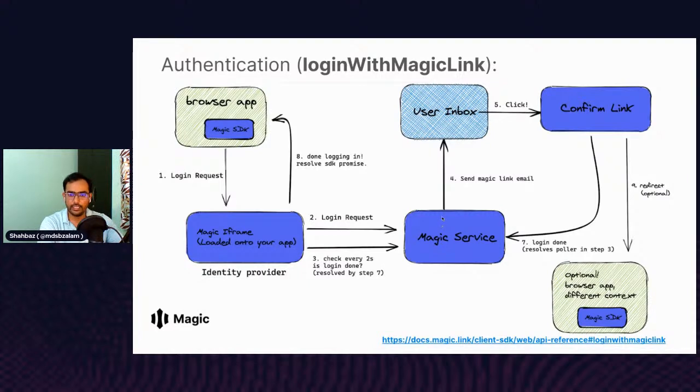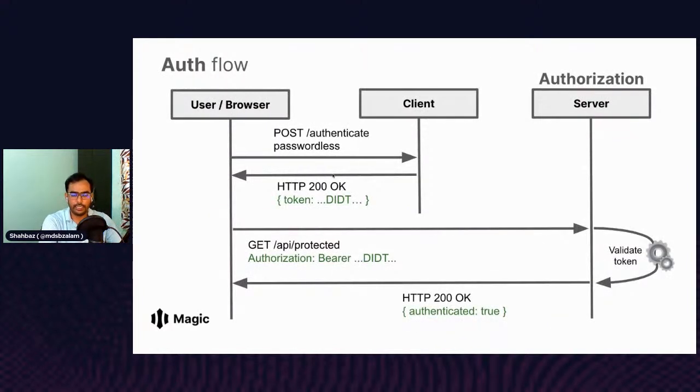Once that is done, Magic sends a Magic link email to the user's inbox. The user opens that email, clicks on the confirm link, and the login is done. There is also an optional redirect parameter, which lets you redirect your app to a different context or URL. Once that link is clicked, you will be greeted, and the promise resolves for the SDK that the login is done.